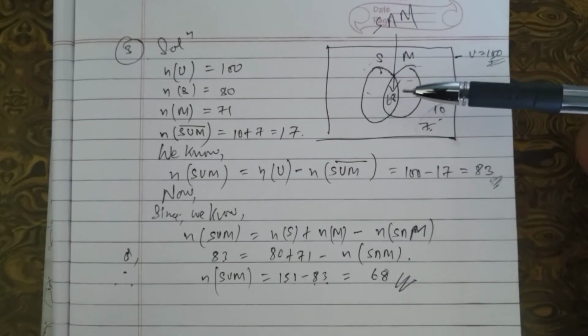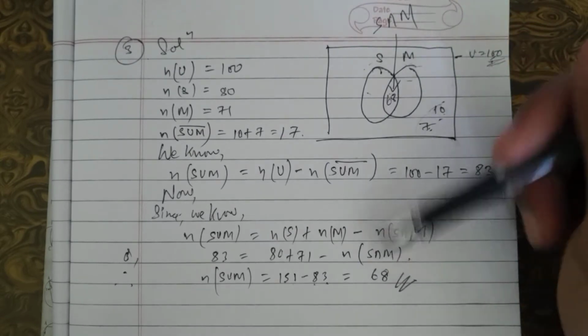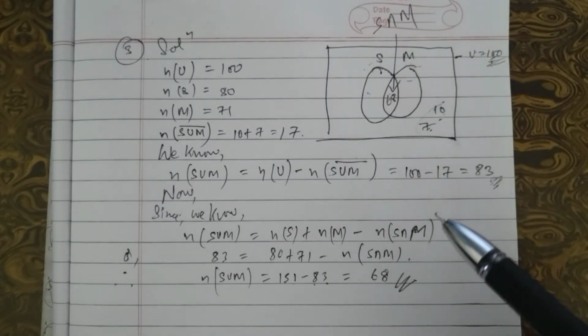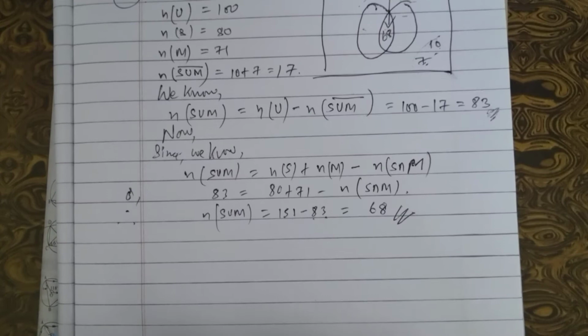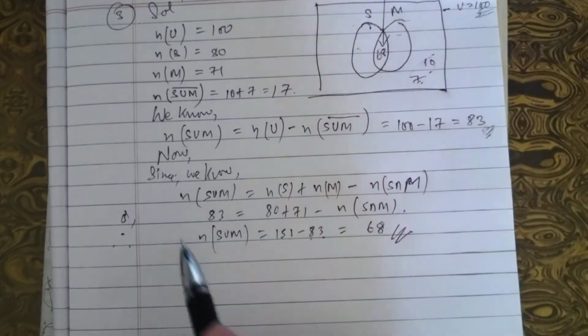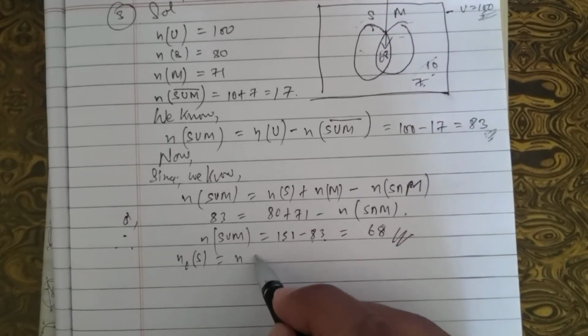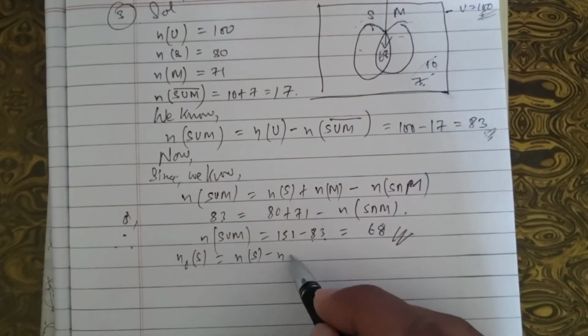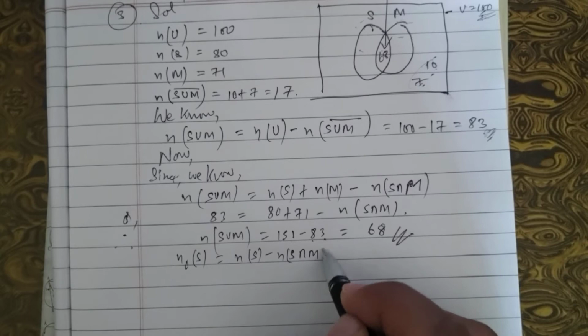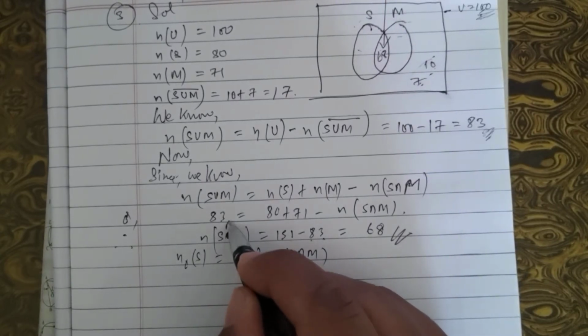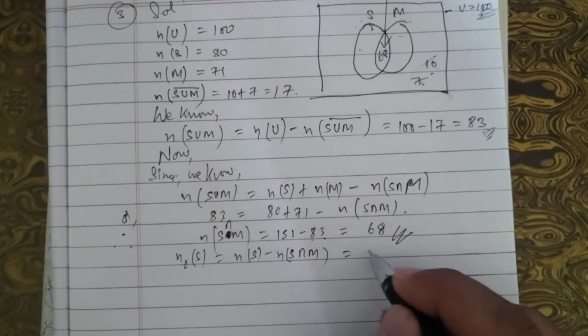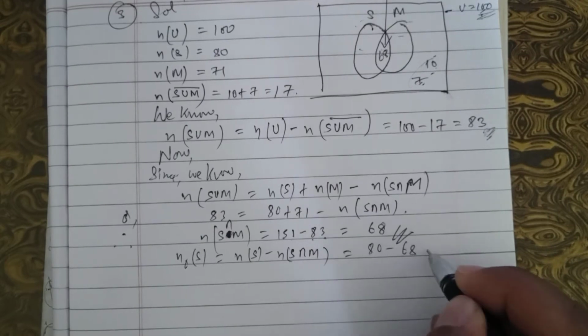So how many students passed in science only? We have to find that as well. Okay, we need to segregate it. So since 68 passed in both, n(S only) is equal to n(S) minus n(S intersection M), so this will be 80 minus 68.